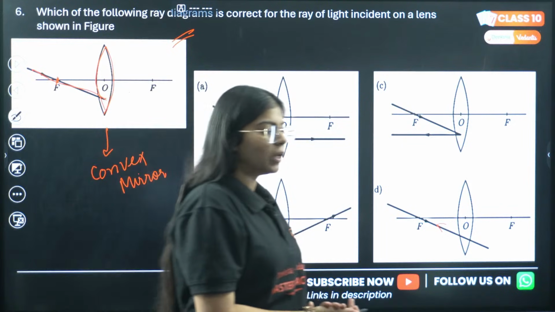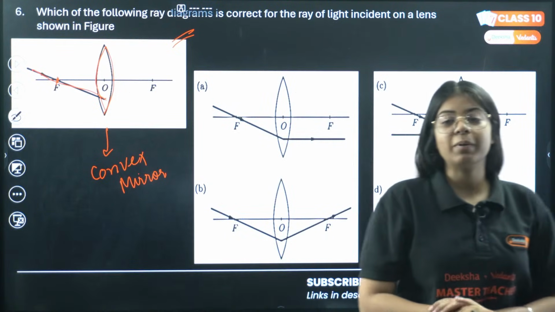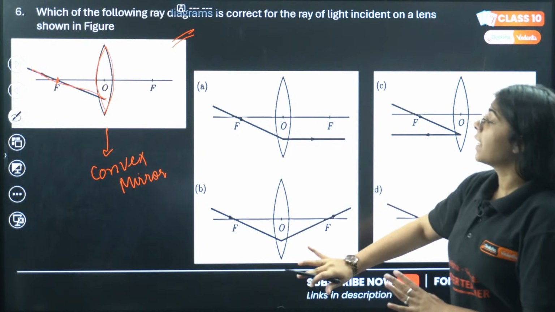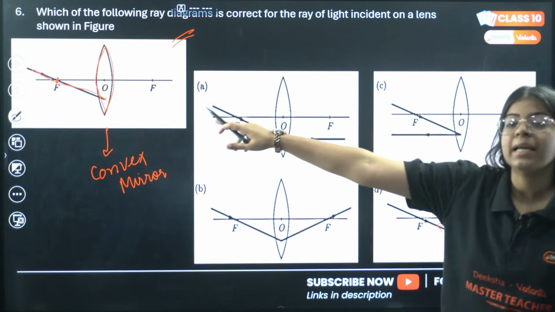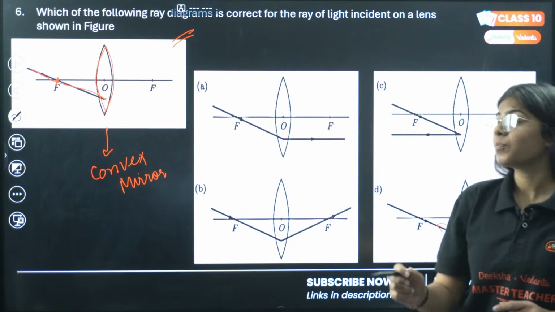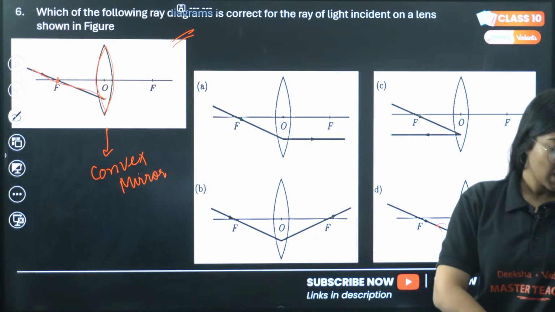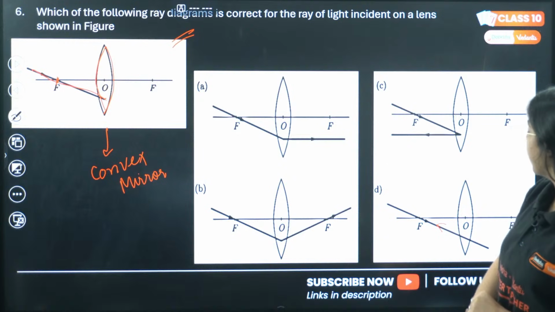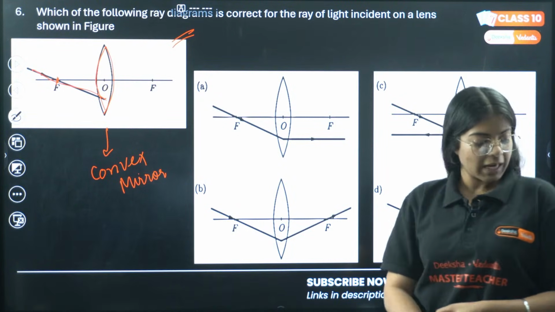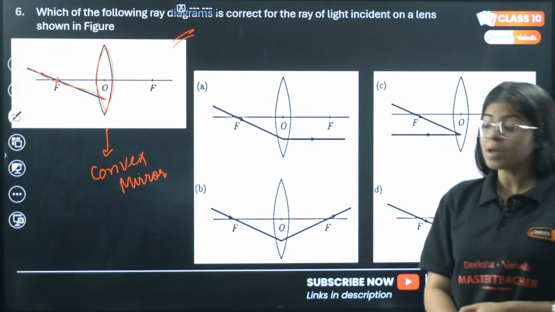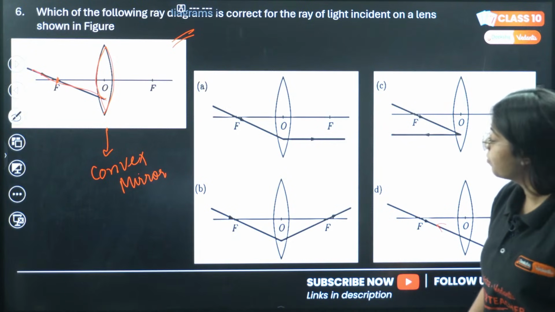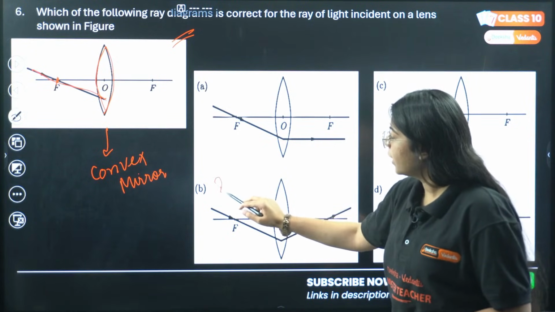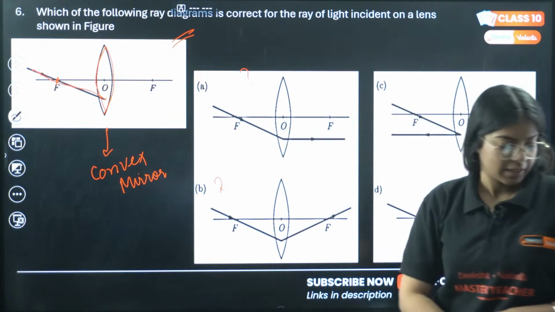What will be the correct diagram for the incident ray that is passing through the focus of a convex lens? Trev is saying A. Okay. Others? Anyone else? Radhe is saying B. Okay. Is A correct or is B correct?